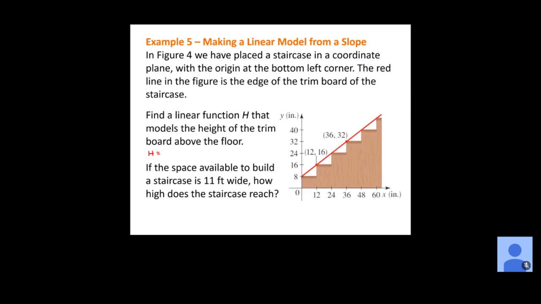We need the slope first, right? And we also need the y-intercept. So let's find the slope. So how am I going to find slope for that line? Okay, we're actually going to use our slope formula, right?